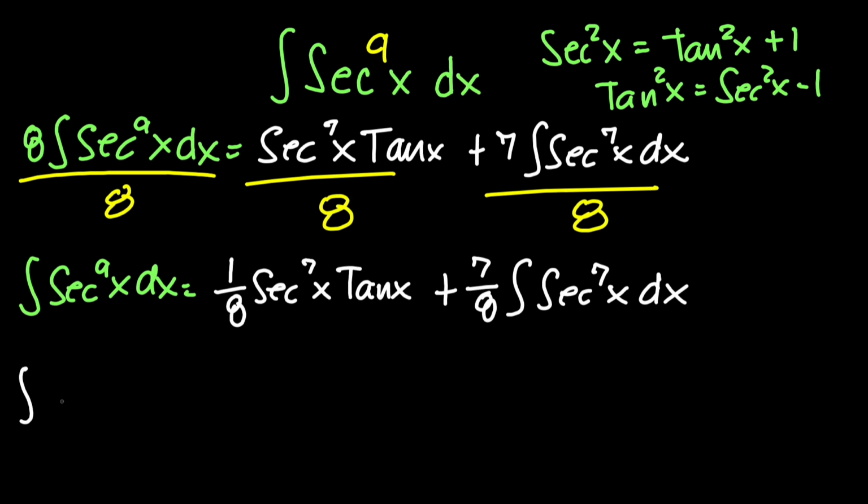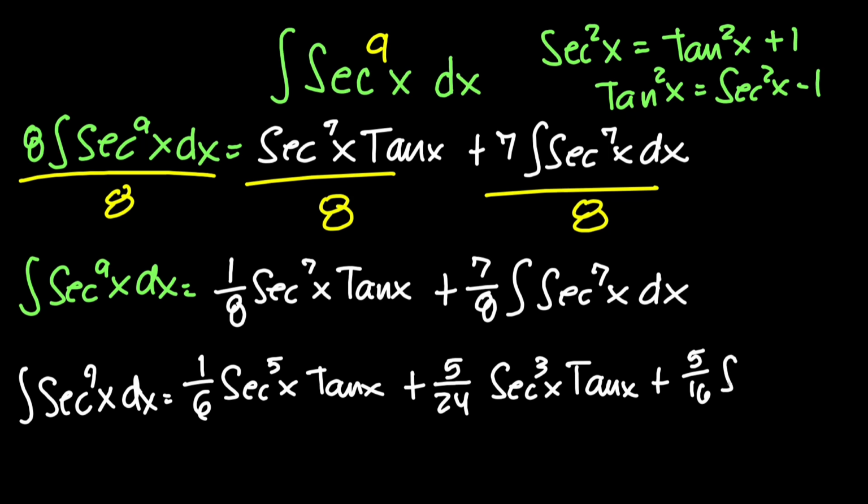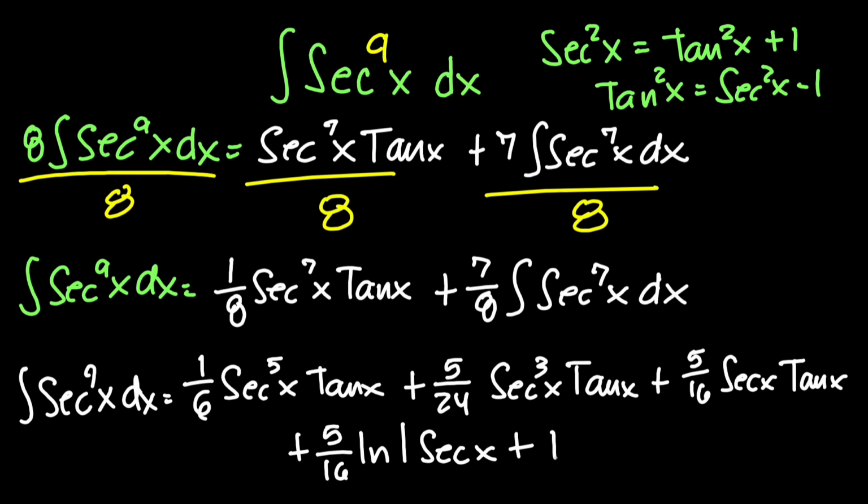For this one, according to my video, the integral of secant to the power 7 of x of dx would be equal to 1/6 secant to the power of 5 of x tan of x plus 5 over 24 secant cube of x tan of x plus 5 over 16 secant of x tan of x plus 5 over 16 natural log of the absolute value of secant of x plus tan of x plus the constant of integration.